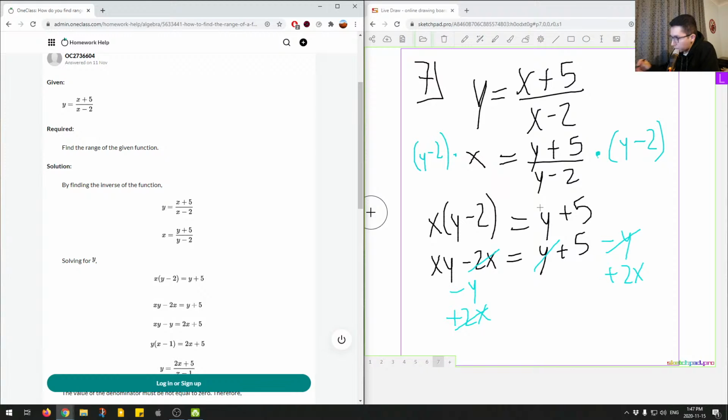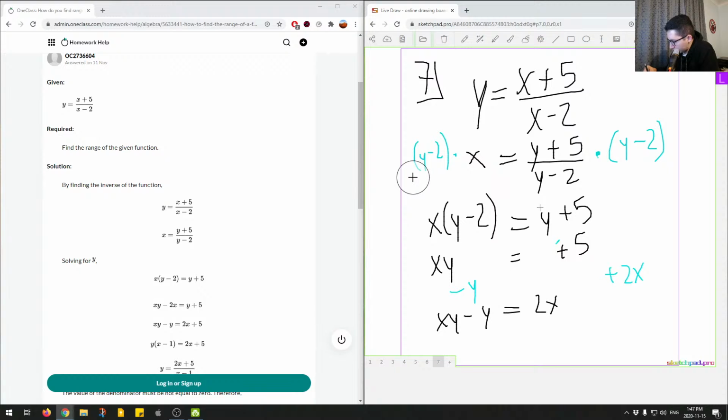So we're left with xy minus y is equal to 2x plus 5.